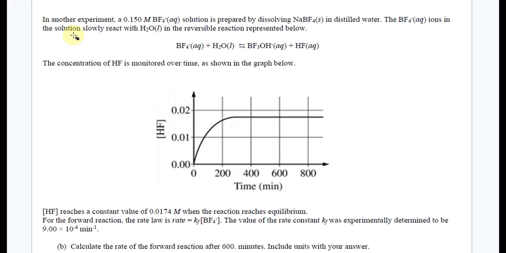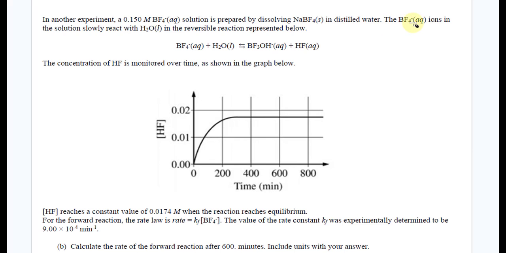Let's read it. In another experiment, 0.15 molar BF4 negative ion, best friends forever with a couple of other F's added, or it's called the tetrafluoroborate anion, is prepared by dissolving sodium tetrafluoroborate in distilled water.